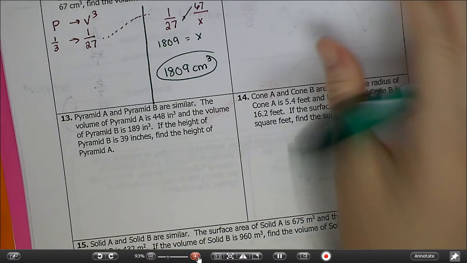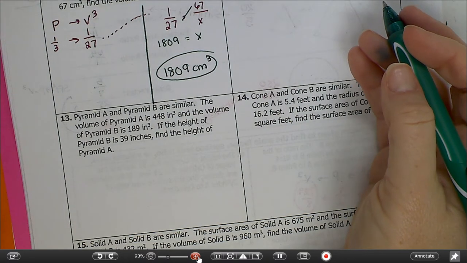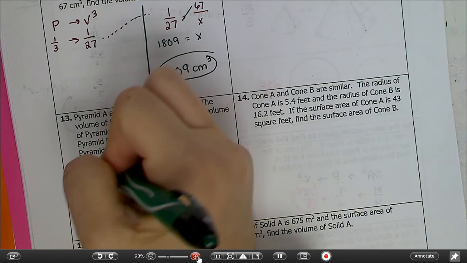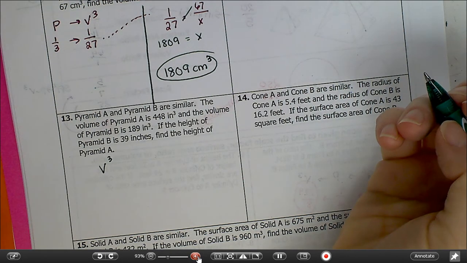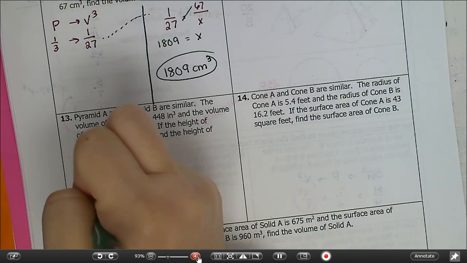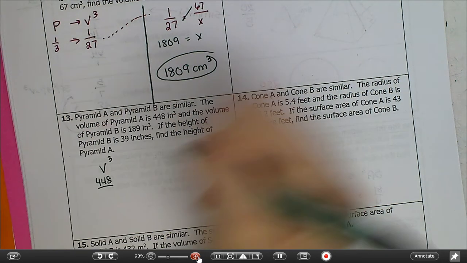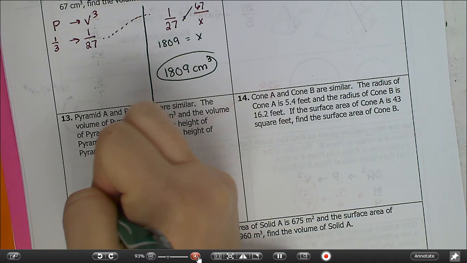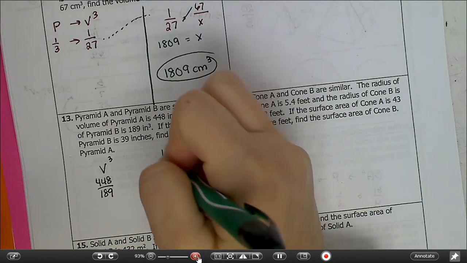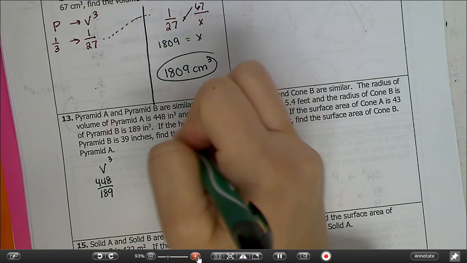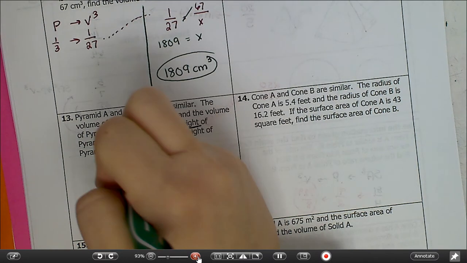Let's do it again. Pyramid A and pyramid B are similar. The volume, so we're starting in volume, of pyramid A is 448 inches cubed, and the volume of B is 189 inches cubed. We are going from here to height. It says height, so we're going to plane world.